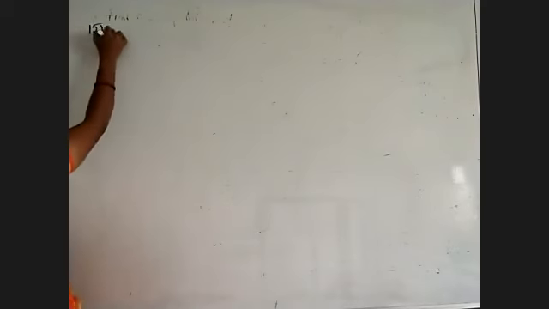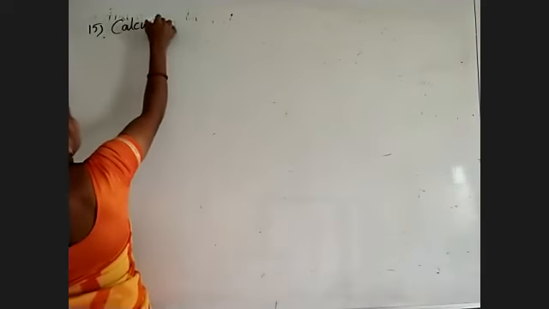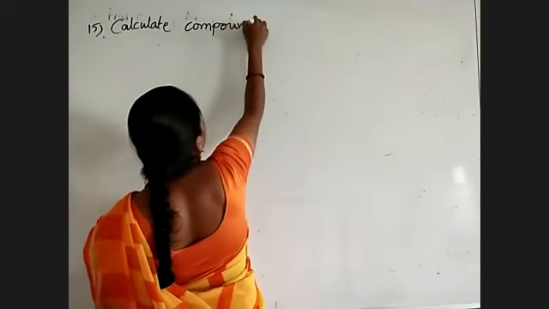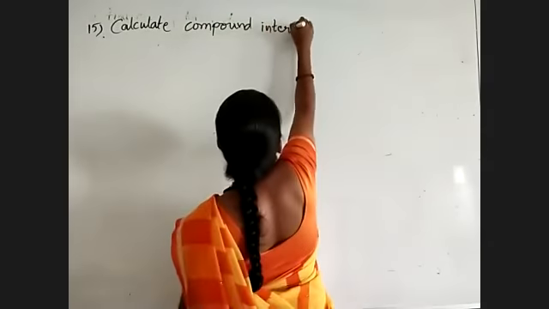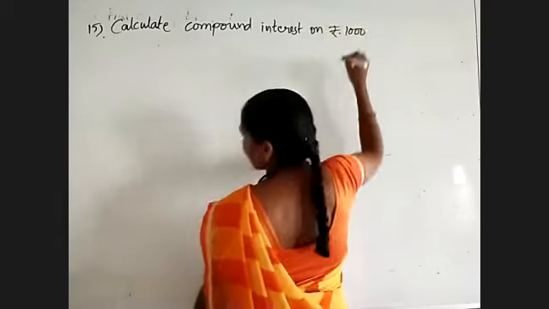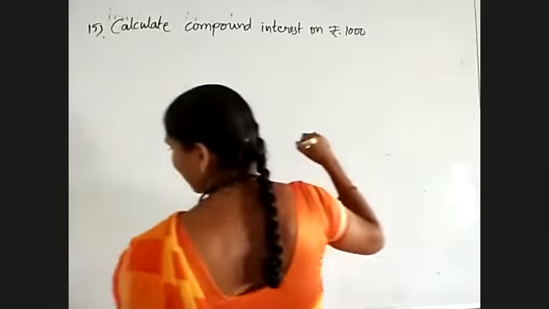Calculate compound interest on 1,000 rupees over a period of 1 year.